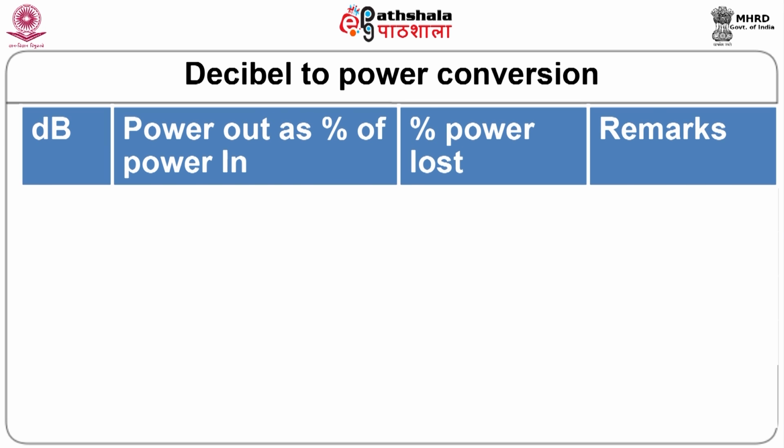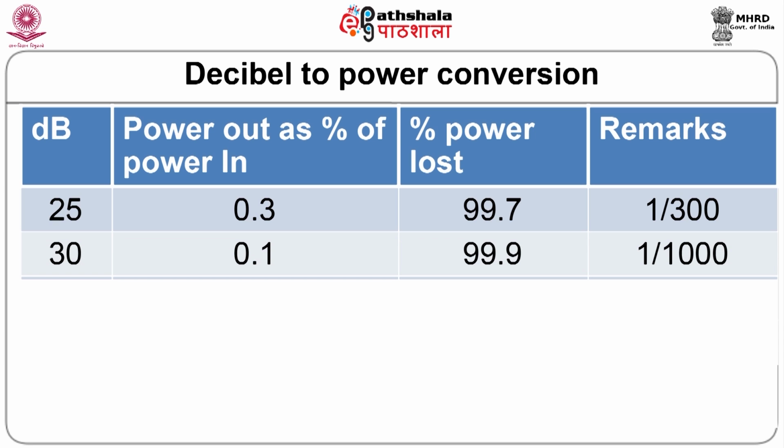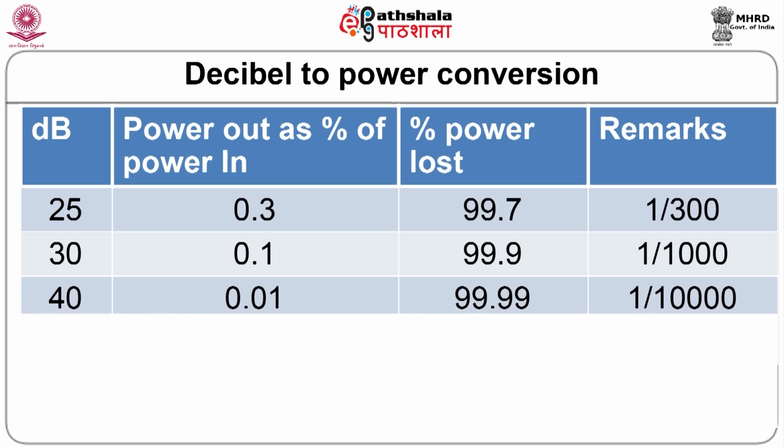If dB is 25, then the power out is 0.3%, so the power lost is 99.7%, that is 1/300th of the power. If it is 30 dB, 0.1% power output, 99.9% power lost, 1/1000. 40 dB, 0.01% power output of the power in and 99.99% power lost, that is 1/10,000 of the power.